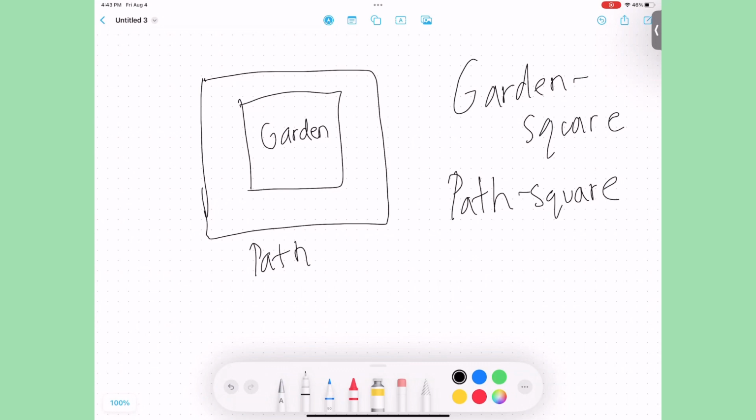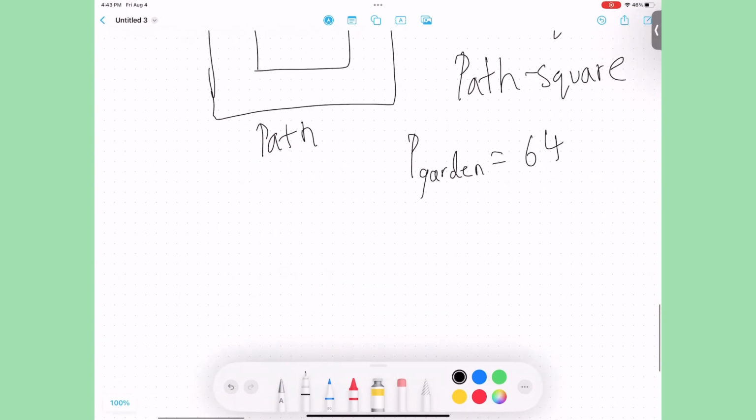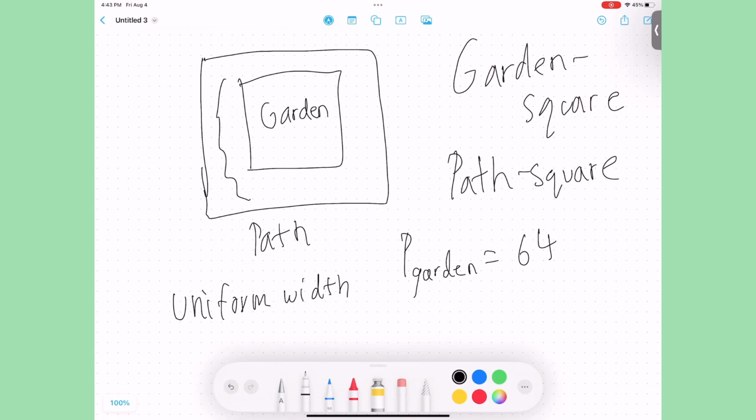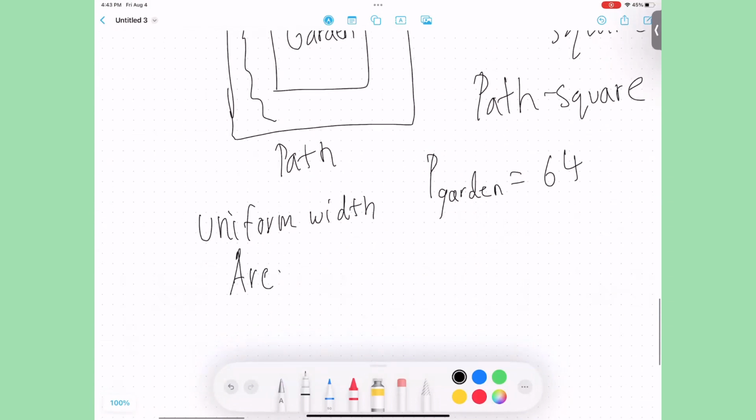The perimeter of the garden, P garden, is 64, and the path surrounding the garden, this area, has a uniform width, and this path has an area of 228 meters squared.